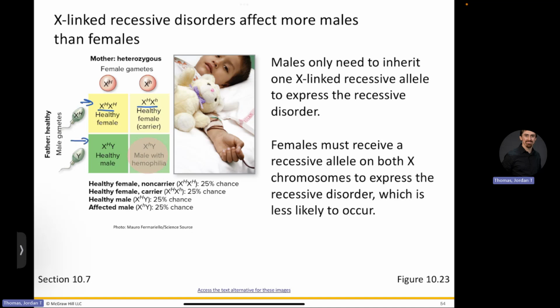However, males only get one X chromosome, so it's a lot easier for them to get the disease, because they may only get that one recessive allele, and that's it. If they get the recessive allele, there's no other version of that allele. That's the only one, so they are more prone to X-linked recessive disorders.